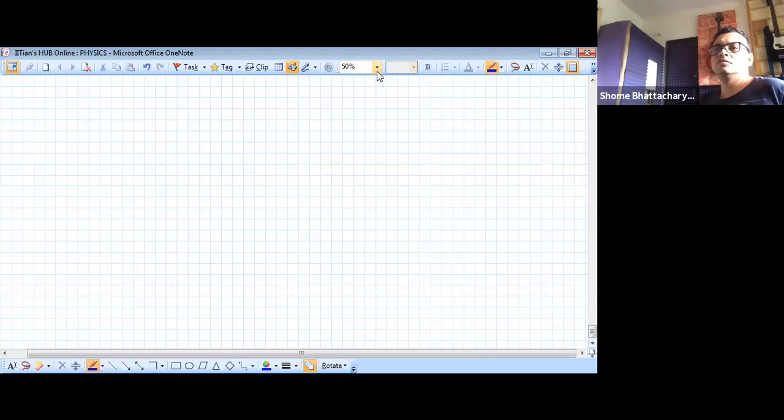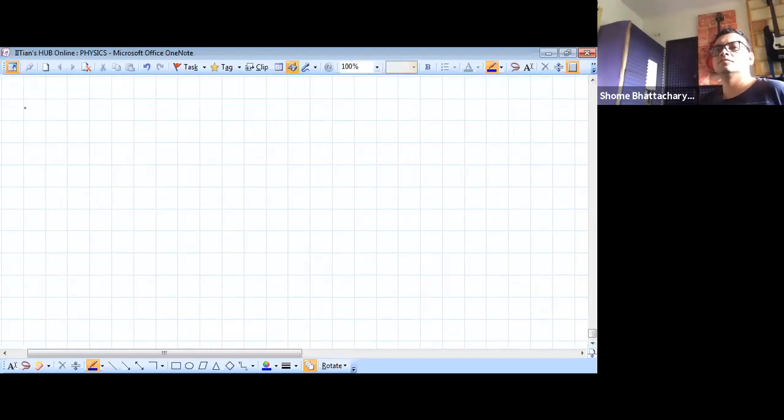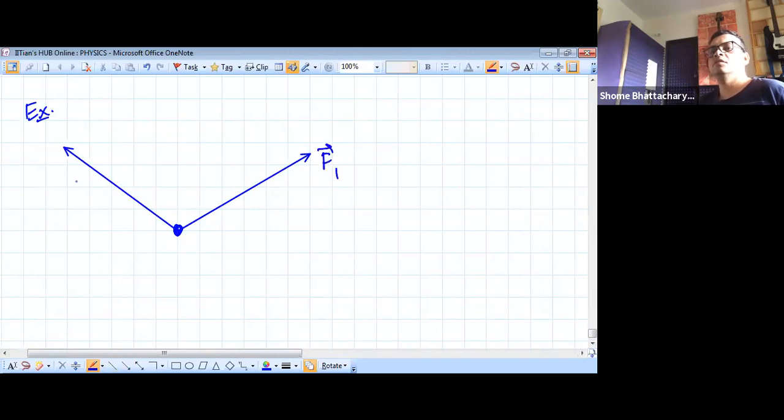So for example, if we have this situation that there are two forces acting on a body or on a particle such that this force F1 and this force F2 are at an angle theta.